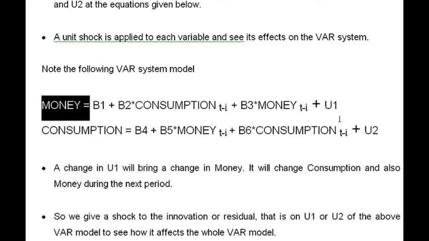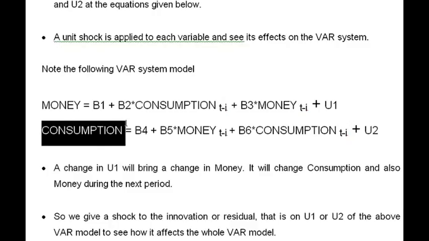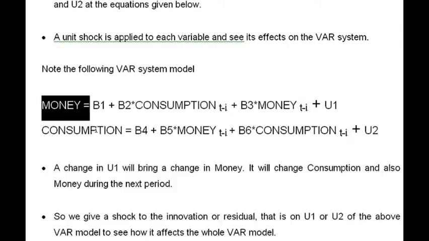So I am telling again, if there is a shock or change in u1, and u1 is the impulse or innovation or shock, that will affect money, and money will affect consumption, and consumption will affect money again. So a change in u1 will affect the whole VAR system.